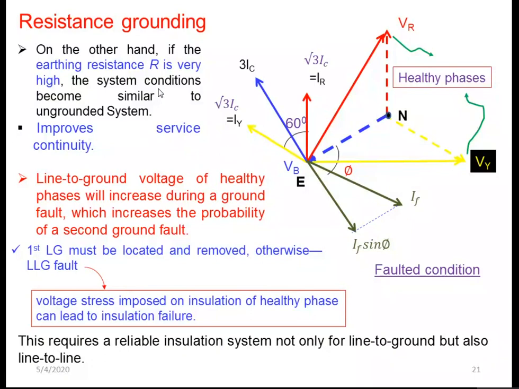Since the line to ground fault current will be of very low value, it is not required to trip the system. That means immediate tripping of the ground fault is not required because the magnitude of the fault current is small in this case.